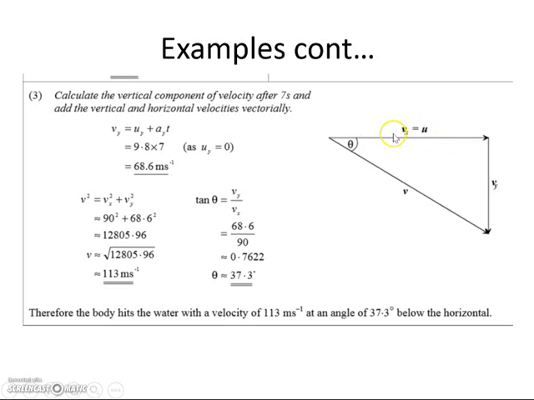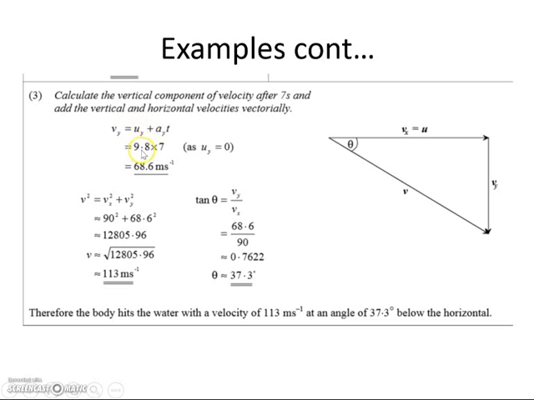So all we're trying to find here is our v in the y direction, because we know what our u is. Here we use v equals u plus at, and u in the y direction is equal to 0 because there wasn't any initial velocity in the y direction.